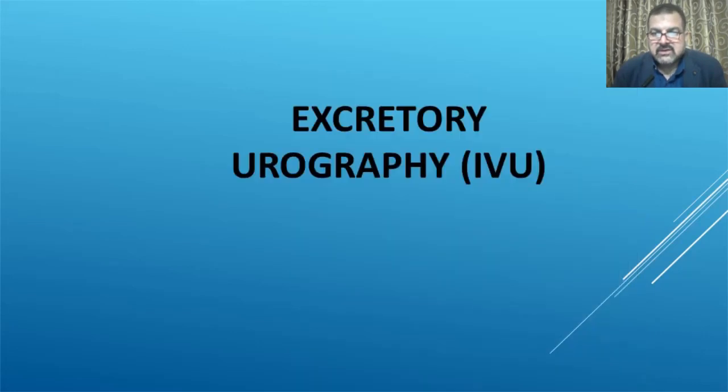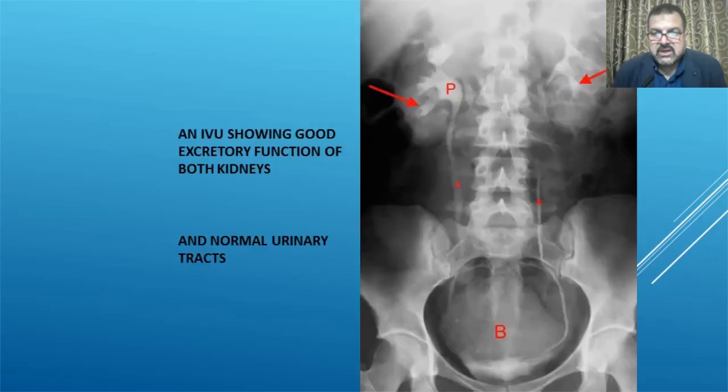IVP or urography, intravenous pyelogram or urography, is done by injecting radio-opaque material into the veins. You can do sequential X-rays: a scout film first without injection, then an immediate film after injection, within the first 1 minute, then 5 minutes, 15 minutes, and then half an hour.